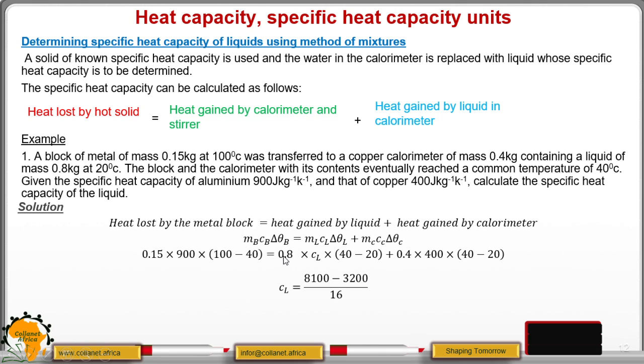Then when you multiply 0.8 by 20, that will give you 16. You divide by 16 to get the specific heat capacity of the liquid. I'm telling you, practice, key in these values in your calculator, and you'll find that you get the same results. So the specific heat capacity of the liquid will be 306.25 joules per kilogram per Kelvin.